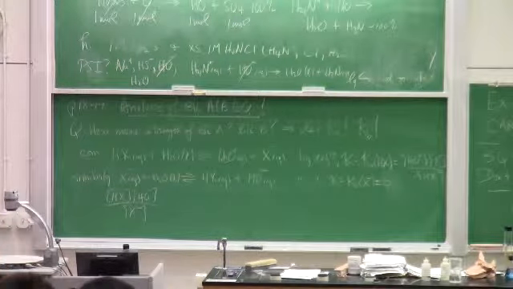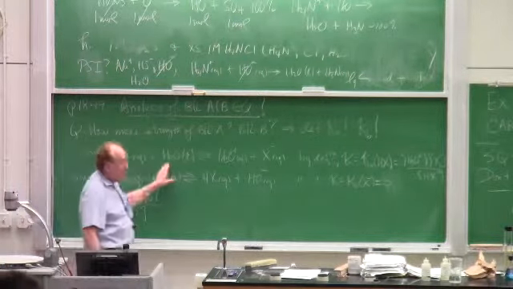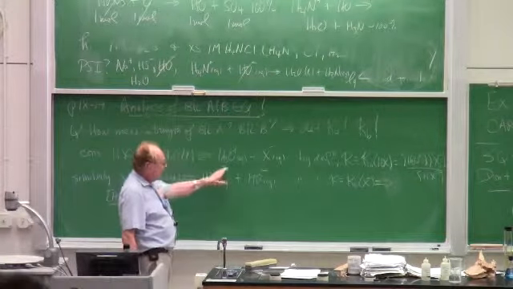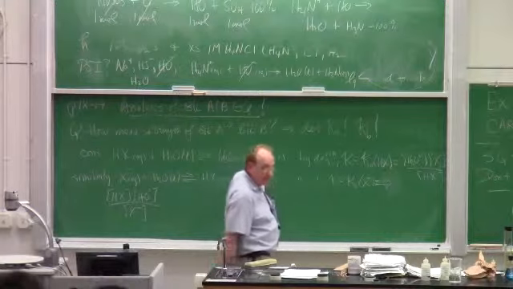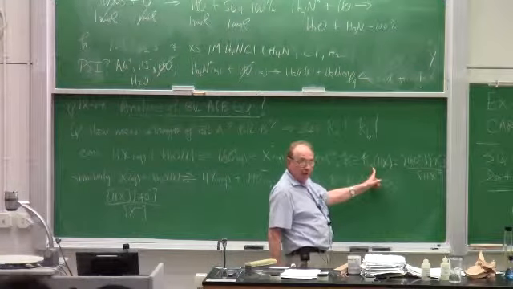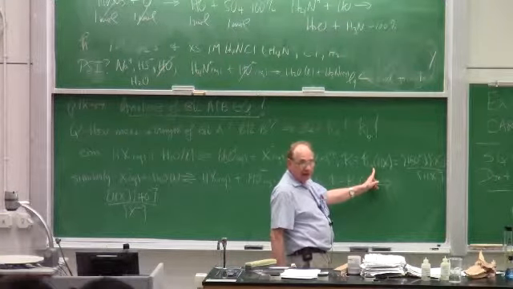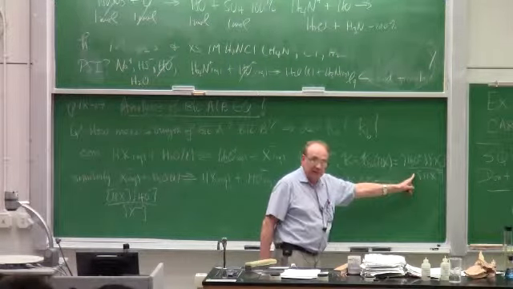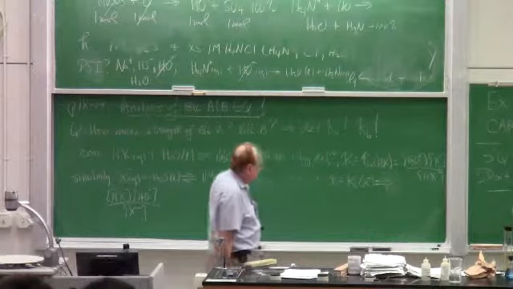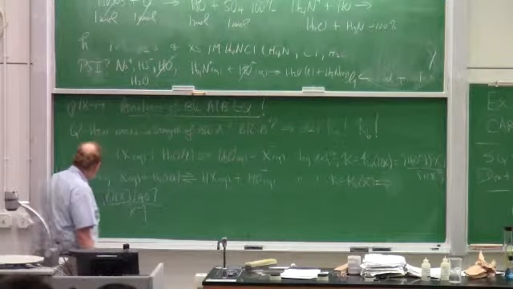The hypothetical acid HX reacts with water to make hydronium ion and X minus. By definition, the K for this reaction as an equilibrium is Ka for HX, the acid ionization constant for HX. There's the Ka chemical expression. We know how to write K expressions.